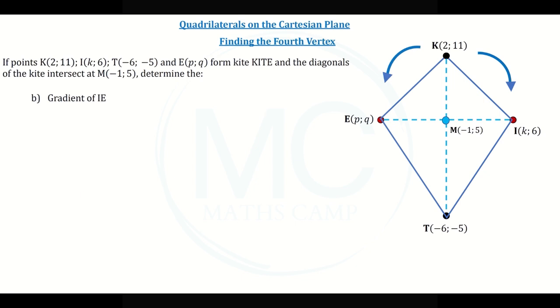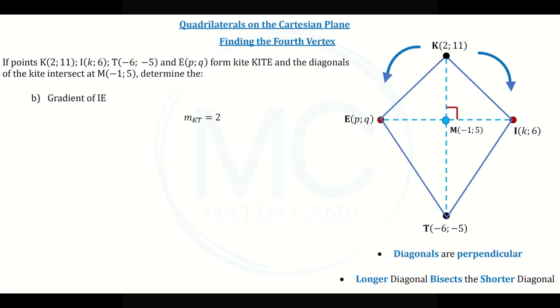Determine the gradient of IE. From our work with kites in Euclidean geometry, we have learned that the diagonals of a kite are perpendicular and that the longer diagonal bisects the shorter one. The diagonals are perpendicular, so let's draw a 90-degree angle between the diagonals on our diagram. This means that the diagonal IE is perpendicular to the diagonal KT, and we have just found the gradient of KT is 2.